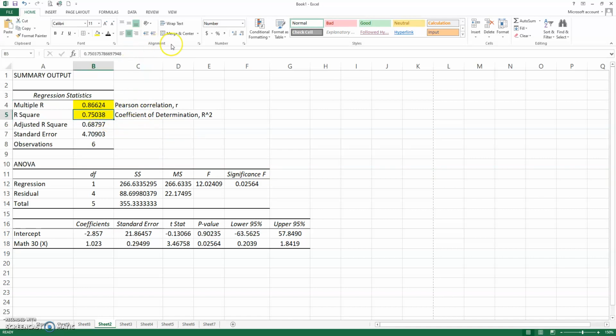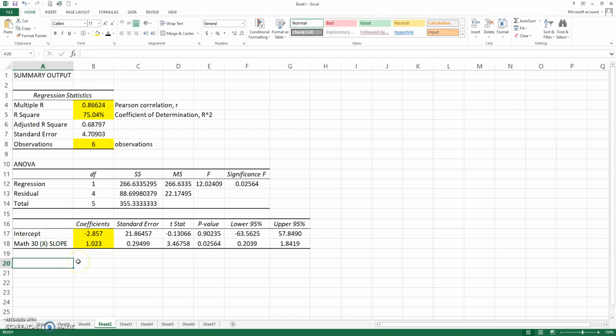This value, if we convert that to a percentage, tells us that using the independent variable, math, it accounts for 75% of the variability in the stats grade, grade Y. Here we have the number of observations. We know that there are 6 pairs of observations. Right in here, we have our intercept and we have our slope. So this one here, I'm just going to type in here, slope.